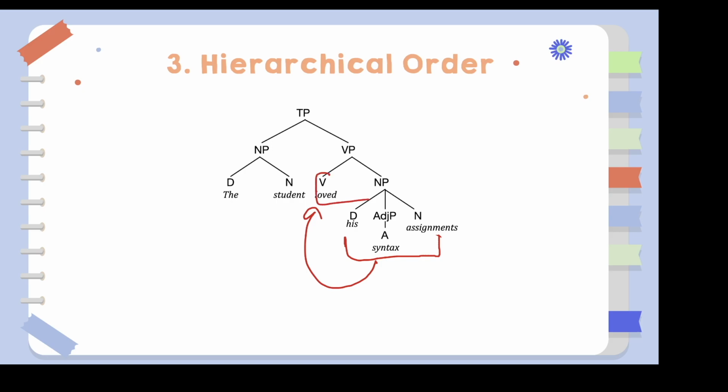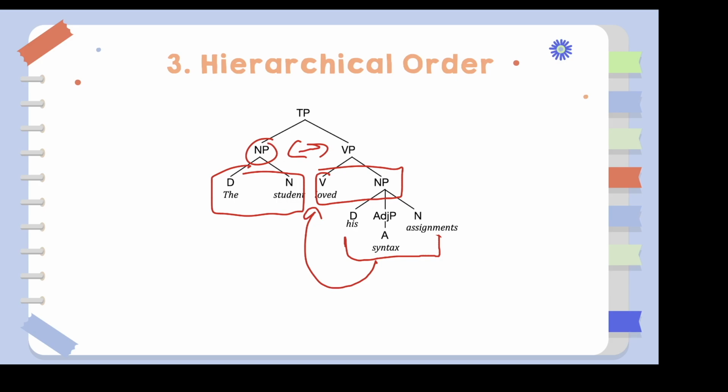The verb phrase here, verb plus noun phrase, loved his syntax assignment, is then attached with the noun phrase in order to be the sentence. This is what we analyze by hierarchical order. By doing hierarchical order, we can capture the organization, the structure, and what kind of construction modifies other constructions.